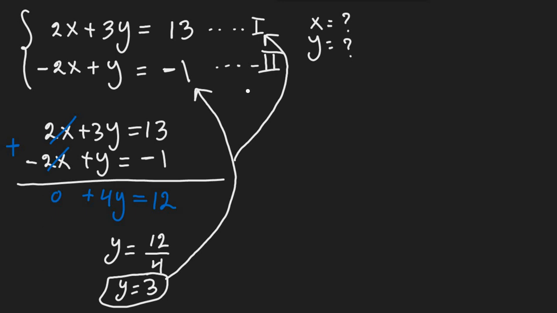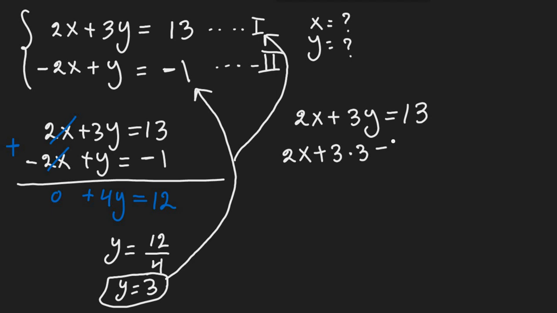For example, I will choose the first one: 2x plus 3y equal to 13. y is 3, so I will write 2x plus 3 multiplied by 3 equal to 13.